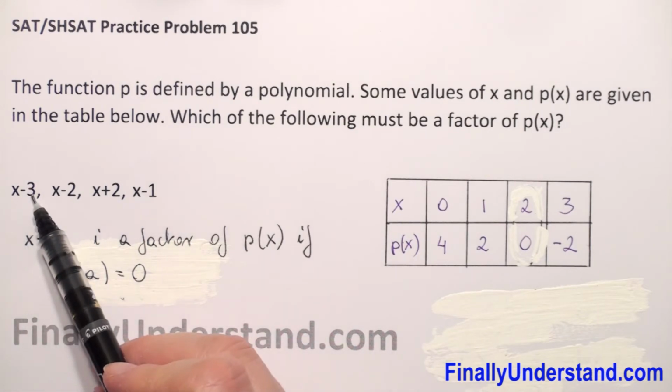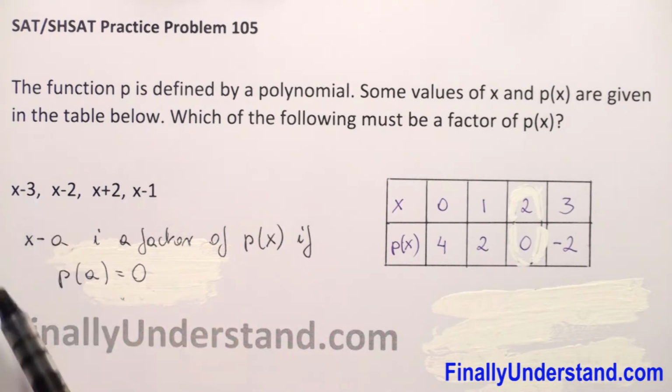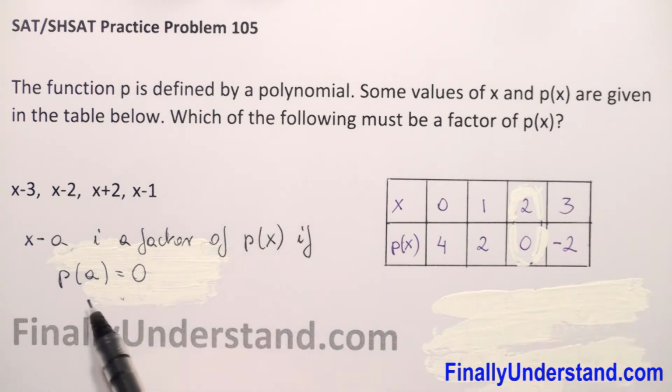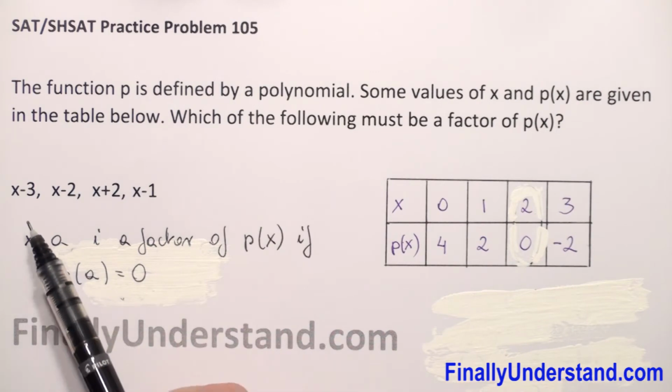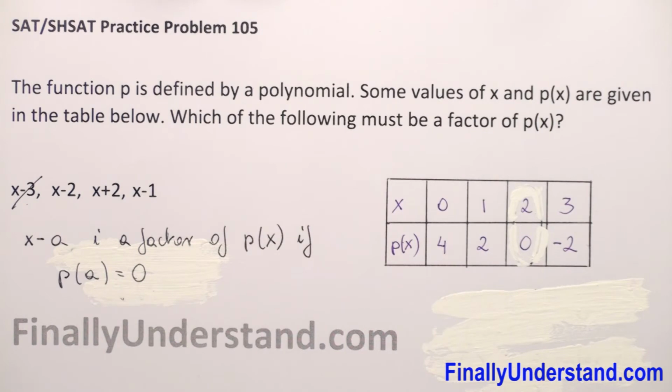We have x minus 3. So let's check the value of our polynomial for 3. What will be for 3? The value of our polynomial is negative 2, is not 0, should be 0. So this is not factor of our polynomial. Why?